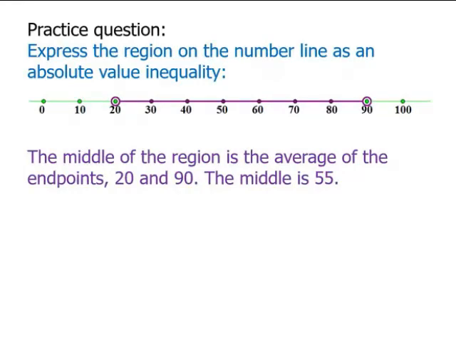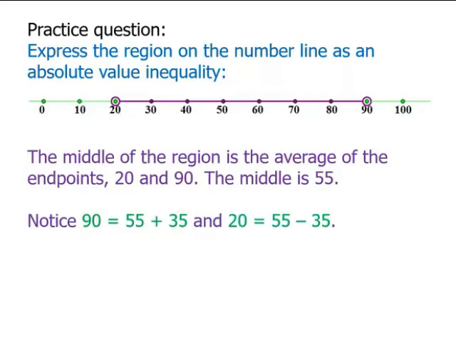And notice that if we start at 55, right here, the middle, then how much are we going up or down? Well, we're going 35 up or down because if we go up 35, we get to 90. If we go down 35, we get to 20. So in other words, what we're saying is starting from 55, we can go up to, but not including, a distance of 35.